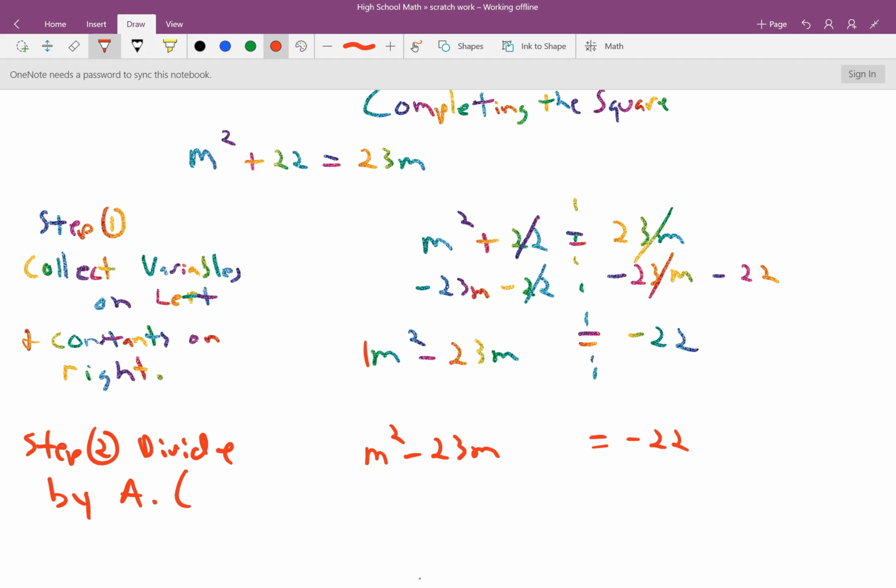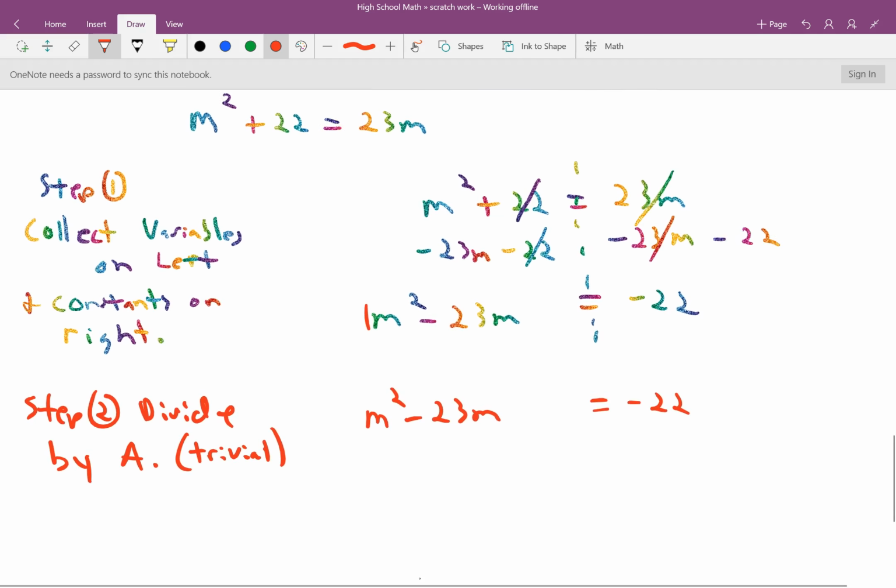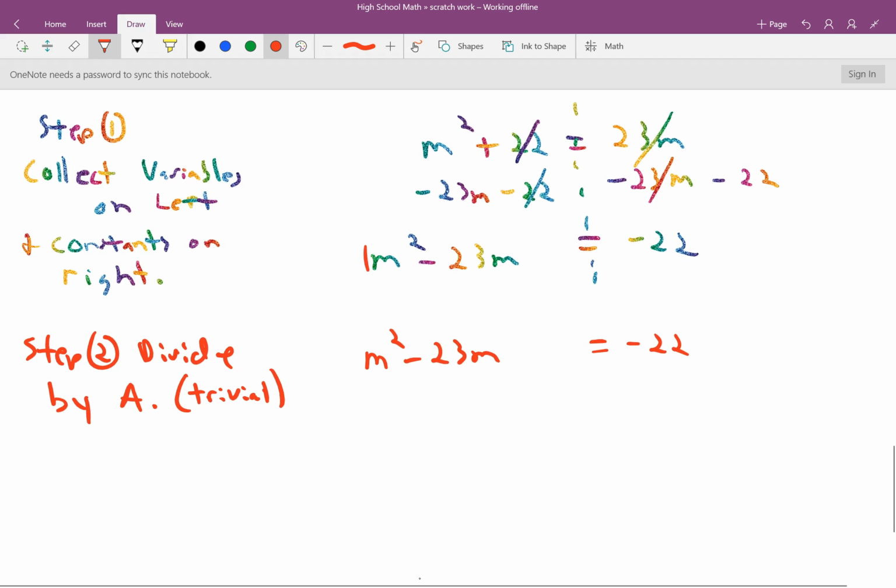Again, here it's trivial. You divide by a, but if it's 1, there's no change. In this case, it is trivial, meaning it doesn't actually change. You just want to be aware that needs to go down.